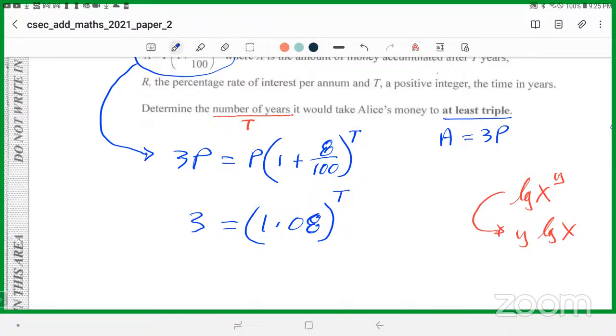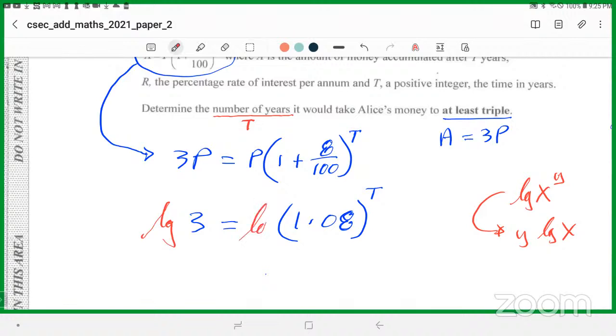So it means that I'm going to take logs of both sides. Let me shift this over and show you. I'm not going to work in log to base 10. So I'm going to log the 3 and log this side as well. So the log of 3 becomes equal to the log of that.